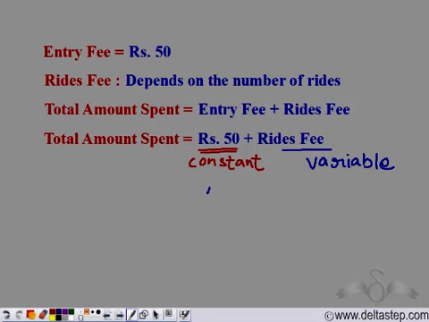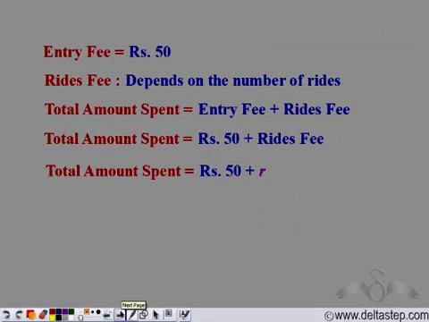So we can write 50 plus, we can take any alphabet. Say we can take R, we can take X, Y, Z, anything. We can write 50 plus a smiley. So we can write any symbol. Normally we use letters. So we write total amount spent is 50 plus R, where R is a symbol for rides fee, which is a variable.